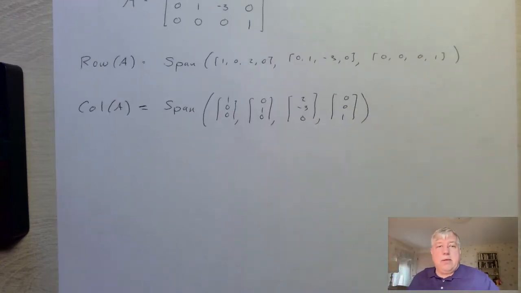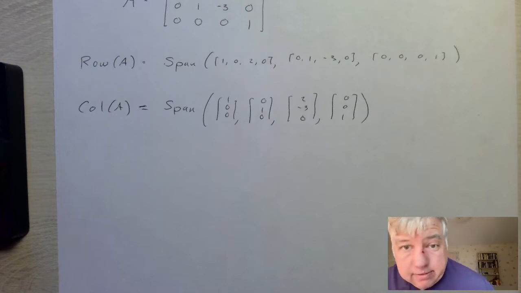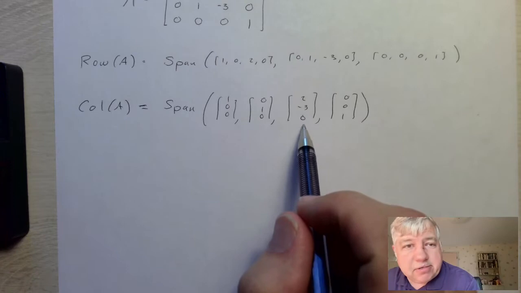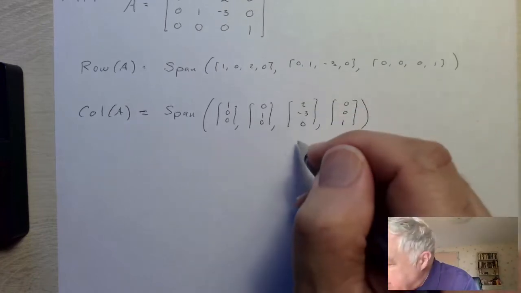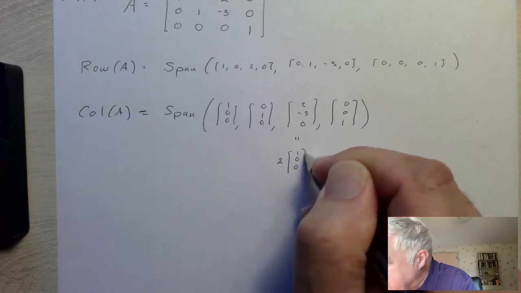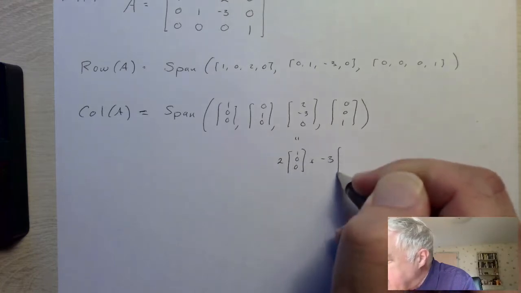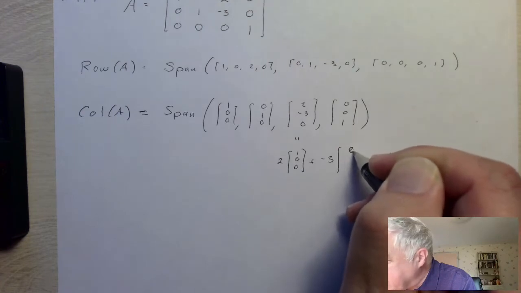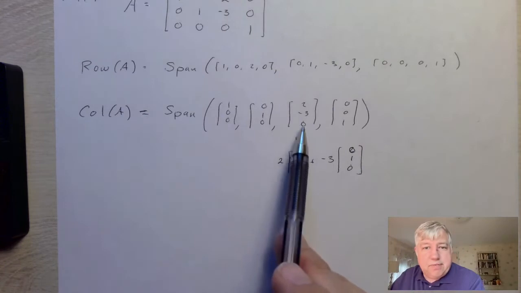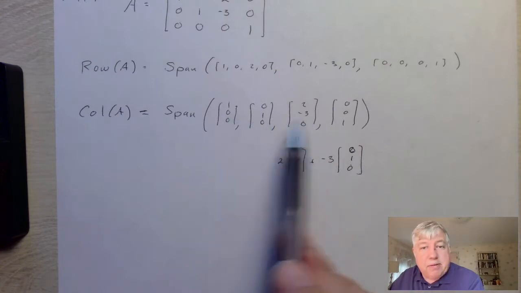Now it's a perfectly good spanning set, but I think you can see that this third vector here is a little redundant, because we can write it as 2 times (1, 0, 0) plus negative 3 times (0, 1, 0). So this vector can be written as a linear combination of these.